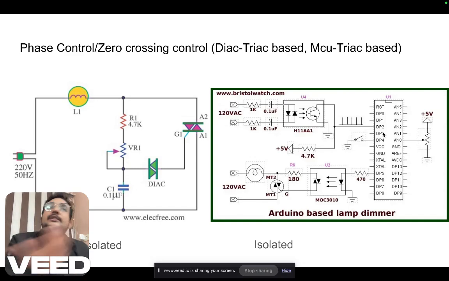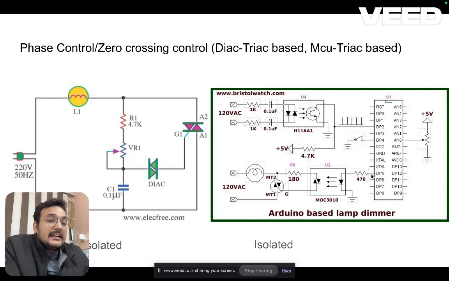You can use any MCU, any 8-bit or 16-bit MCU, I would say. The moment your controller detects this pulse of 10 millisecond or 20 millisecond, based on that we can put a delay through this pot, and we can control the current which is going through this opto isolator. So this will create the delay. Understood?